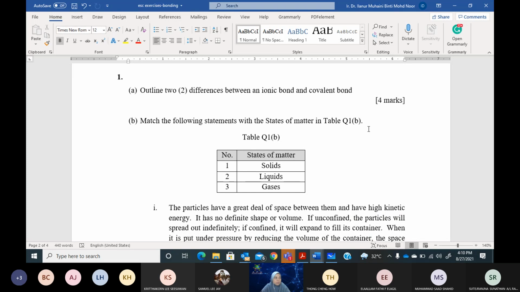Okay, try to answer number 1. Here you have 2 marks each: ionic bond 2 marks, covalent bond 2 marks. So at least try to write 2 lines each.